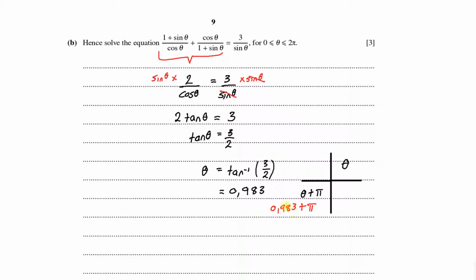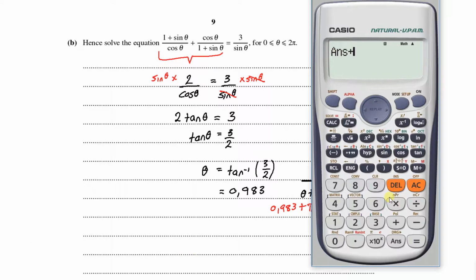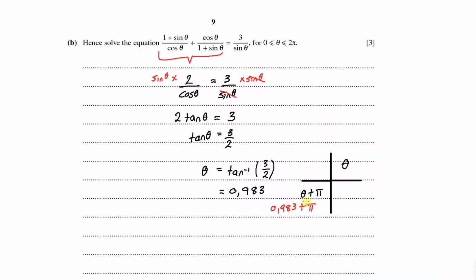And if we add 0.983 plus pi, we get 4.12 to 3 significant figures. So we are saying the values of theta, we have 0.983 and 4.12. These are the two values of theta, and that's the answer to this question here.